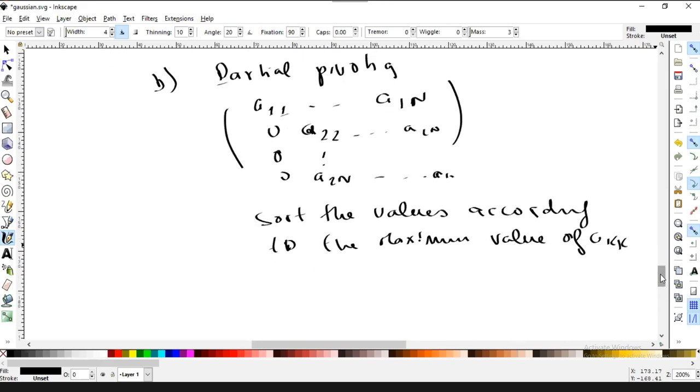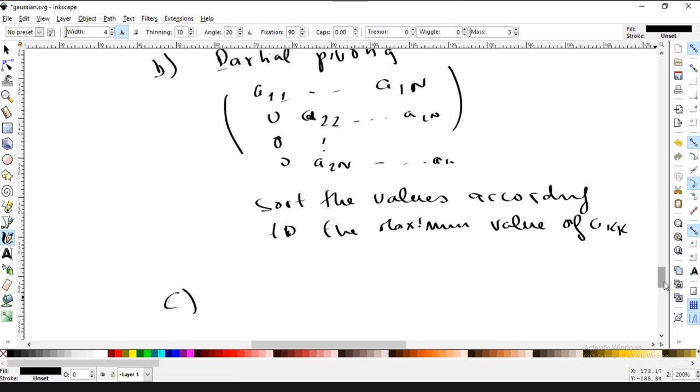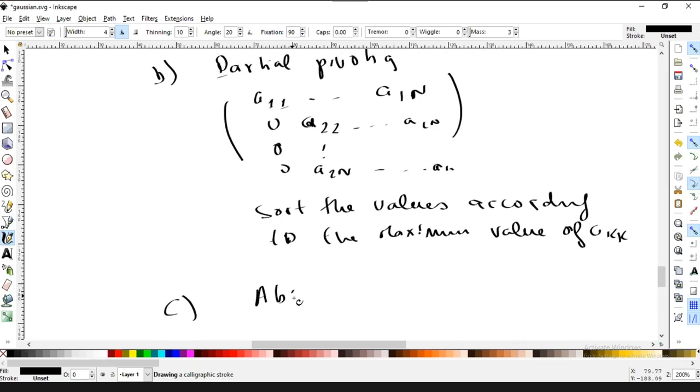And the last method, which is called absolute pivoting. The only thing here when you do a partial pivoting is that when you exchange the lines, you exchange the b's also.